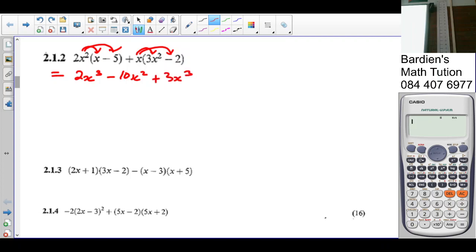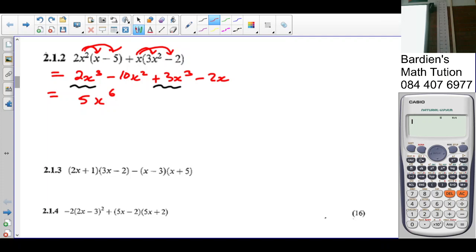What's x times negative 2? Are there any like terms? Yes, many. No, only one set. No, one pair. That one and that one are like terms. So what is 2x^5 plus 3x^5? 5x^6. You all agree with that?